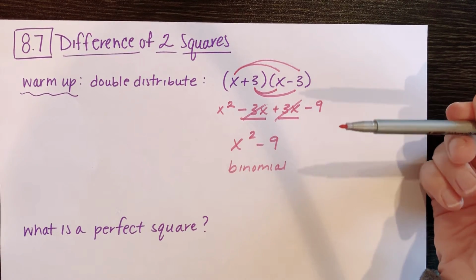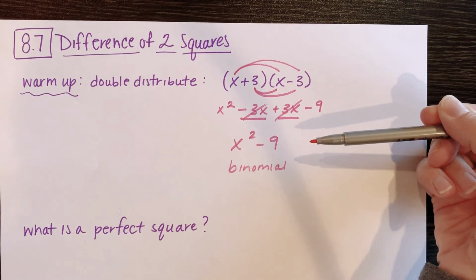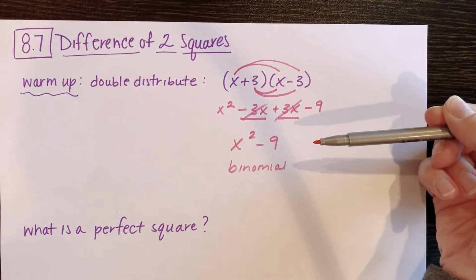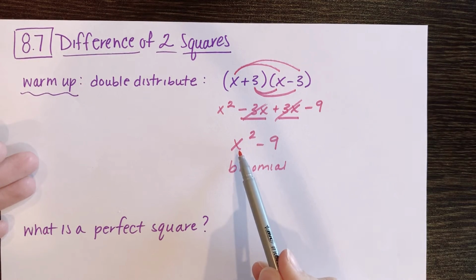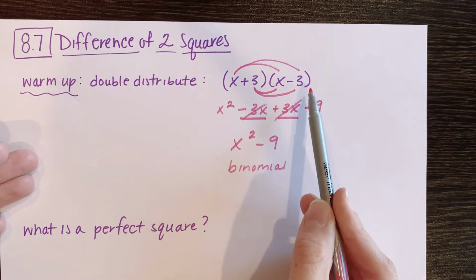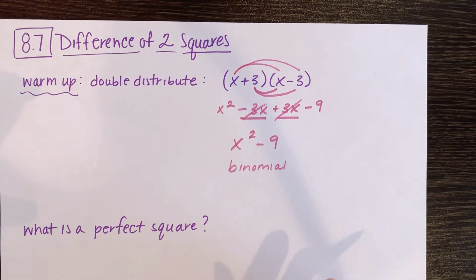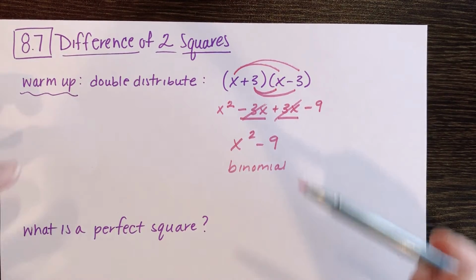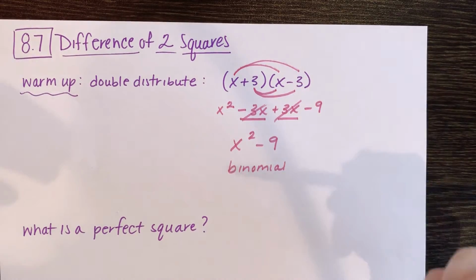Now we're going to take some binomials and we're going to use this pattern, but look at it in the reverse, right? So again, take a look. What do you have? I have x squared and I have 9. And then what do I see in the double bubble? And that's how we're going to use sort of this reverse engineering. Let's see how we can go from here back to the double bubble, kind of the reverse of what we just did.